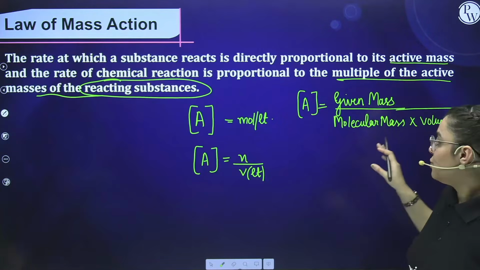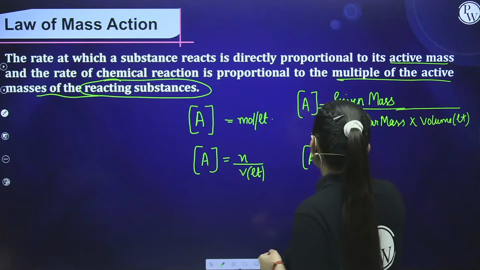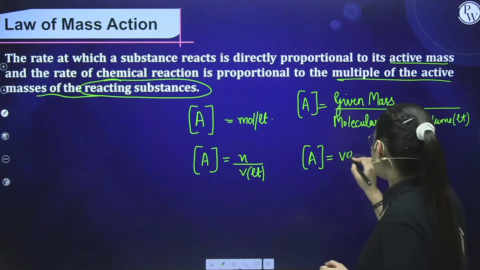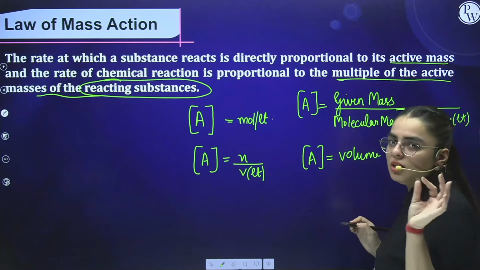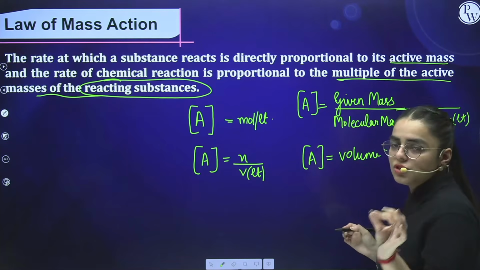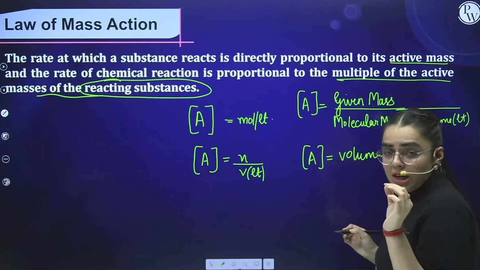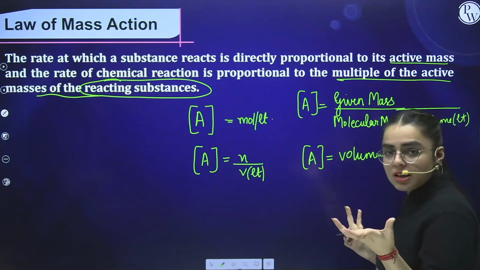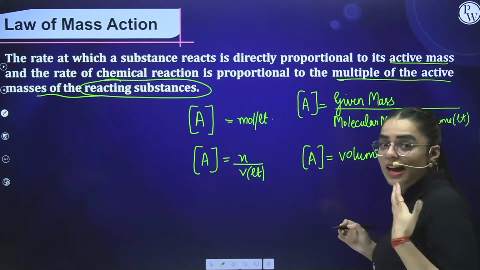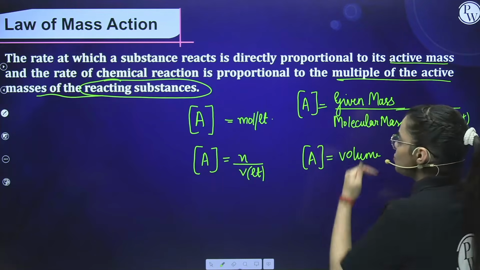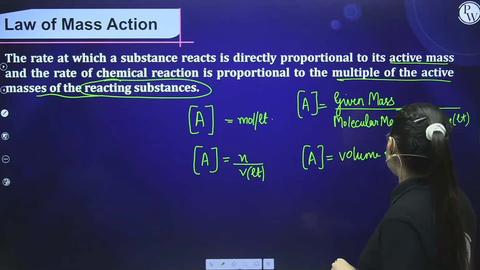Other than this, when you have been given the terms of volume, what you need to do? Active mass in terms of volume is going to be volume of substance divided by 22.4, because the number of moles can be defined in three terms. If you see the chapter Some Basic Concepts of Chemistry, we have seen we can define number of moles with respect to given mass and molecular mass, with respect to volume, and with respect to number of molecules, atoms, ions. So the first formula is with respect to mass, the second is with respect to volume.